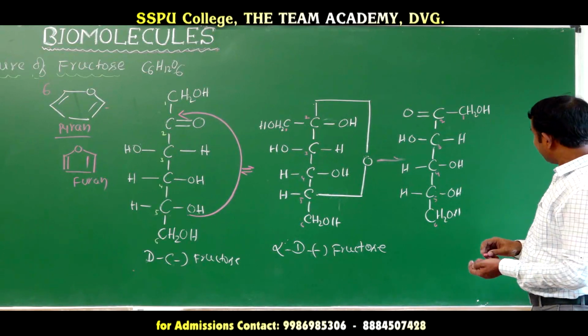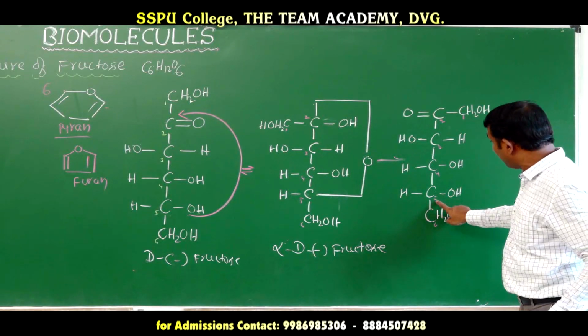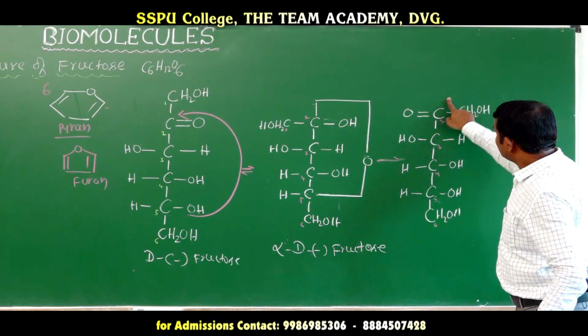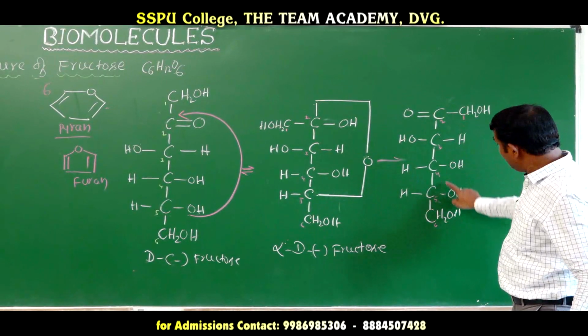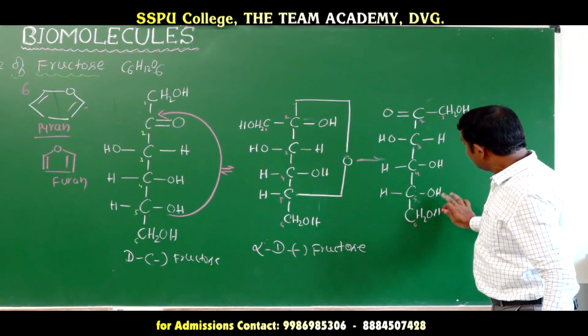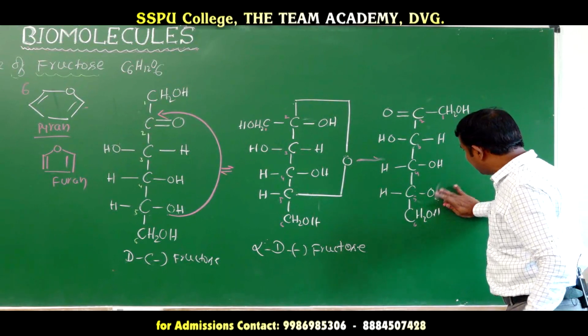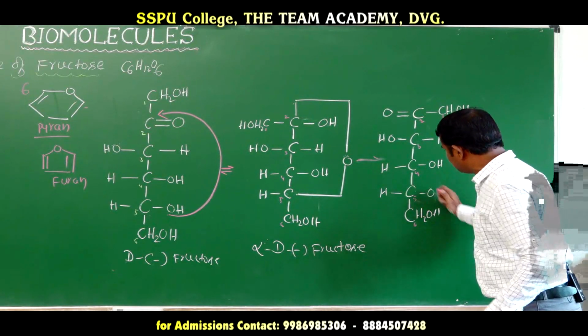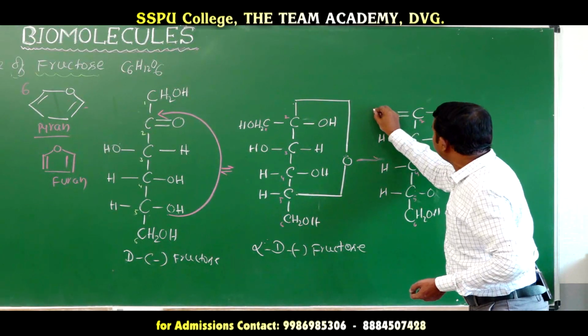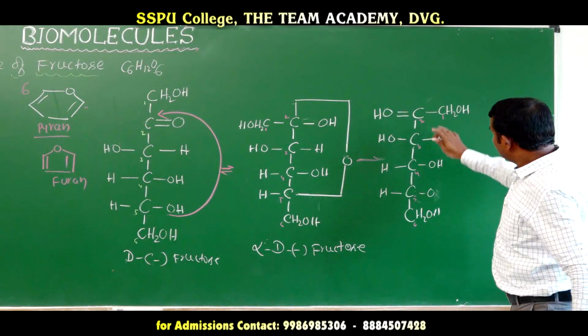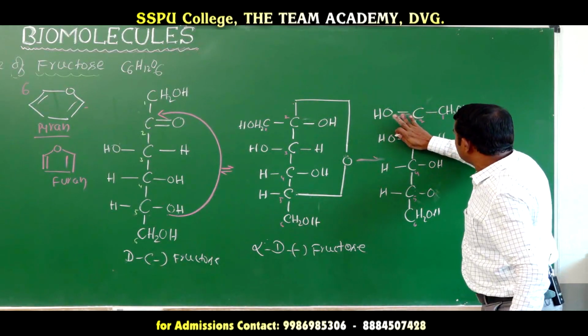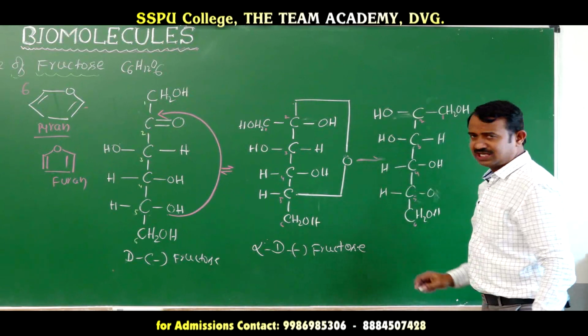Okay, here the cyclic formation C5 to C2 carbon. C5 to C2 carbon means here one hydrogen is attached here, the double bond is converted to single bond.